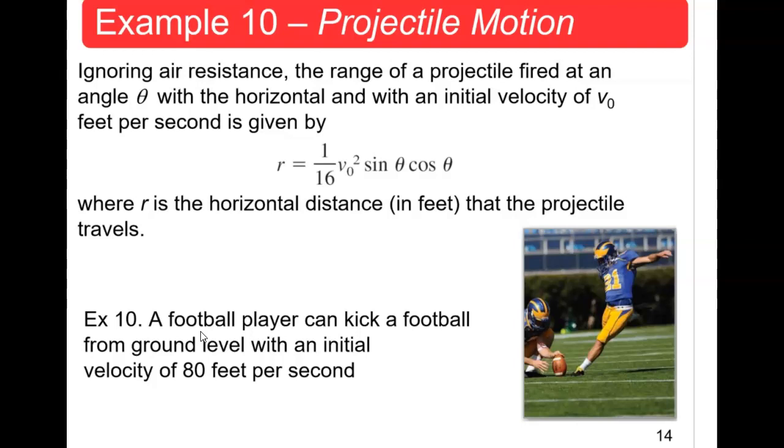The range of a projectile fired at an angle theta, remember that's the Greek letter, with the horizontal and with an initial velocity of v sub 0 feet per second is given by the equation R is equal to 1/16 times the initial velocity, v sub 0, or the velocity at time 0, squared, and then times sine of theta times cosine of theta.